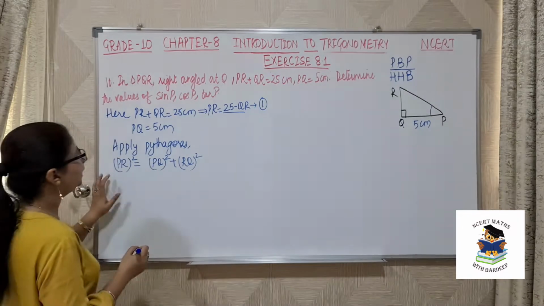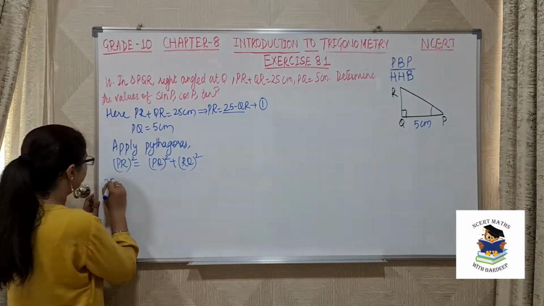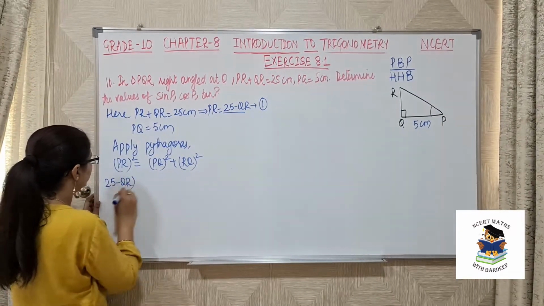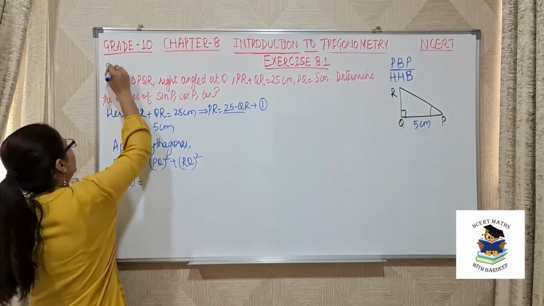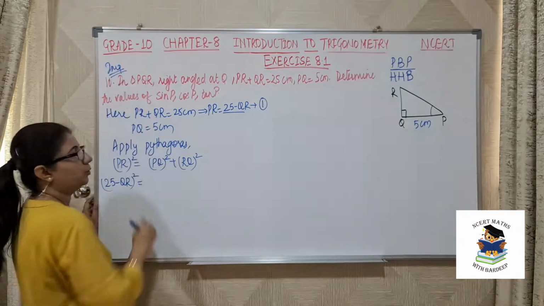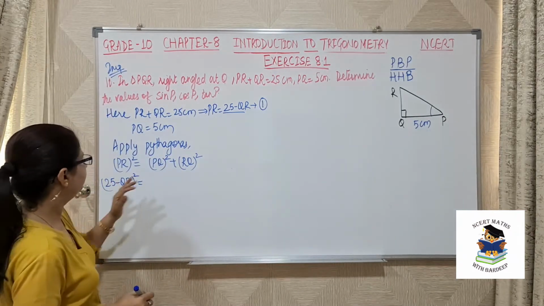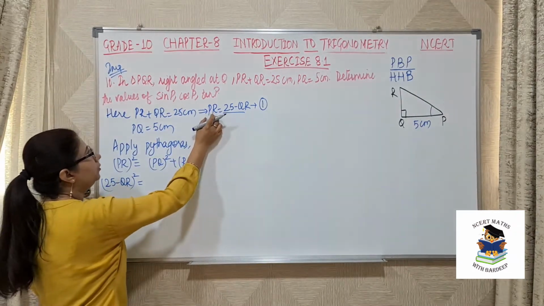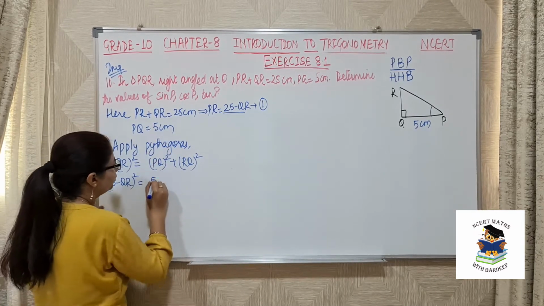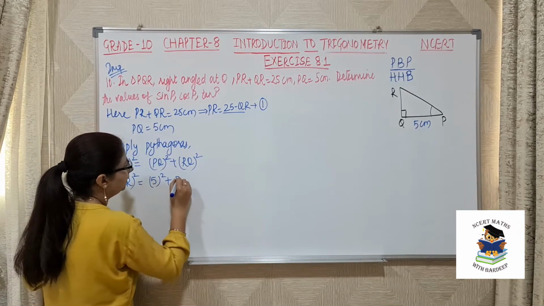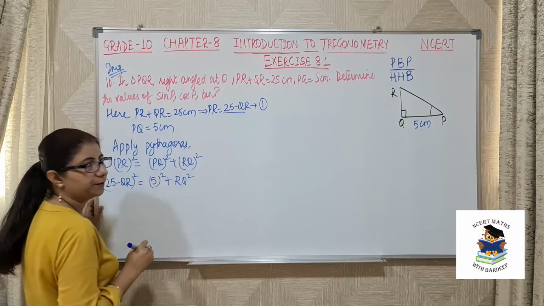So from 1 I can use this value, that is 25 minus QR whole square. Yes, one more thing, this is a very important type of question of this topic. Okay, so be careful. So I have substituted the value of PR here. PQ is 5, so this is 5 square and then RQ square.